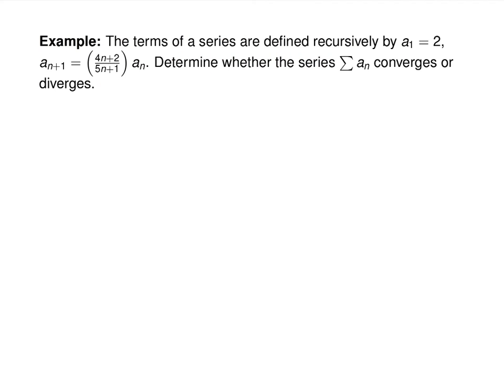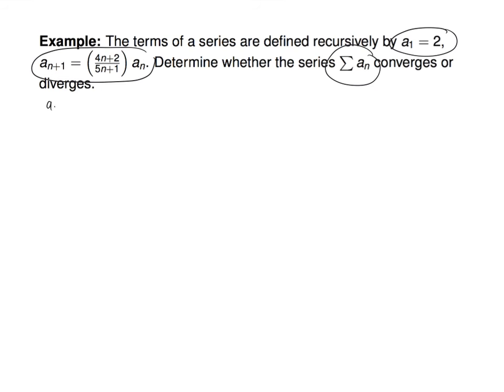So you have a series where its terms are defined recursively. Remember this from the sequence day, kind of like the Fibonacci sequence was a recursive sequence, where the subsequent terms depend on the previous ones, right? So this formula tells you how to find the next term, and then we're going to add up all those things.